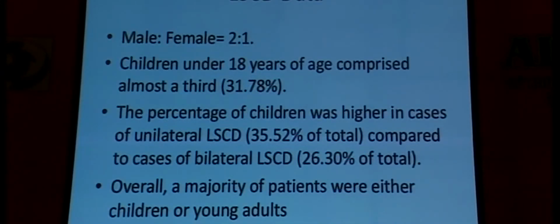Comparing the data further, there is a male-female ratio of 2:1. Children under 18 years form almost a third of the patients of LSCD, and the percentage of children is higher in unilateral than in bilateral LSCD. Overall, a majority of patients were either children or young adults.